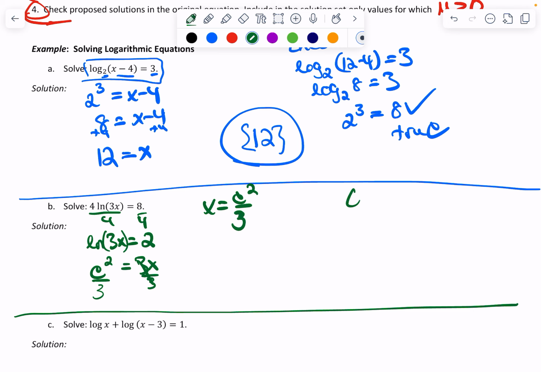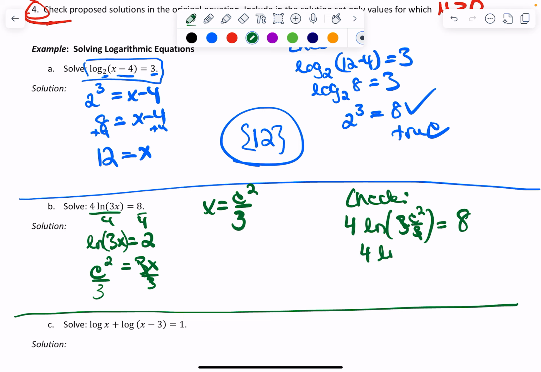And we need to check in the original equation. So 4 times natural log of 3 times e squared divided by 3 equals 8. The 3's cancel each other out. So we end up with 4 natural log of e squared equals 8.